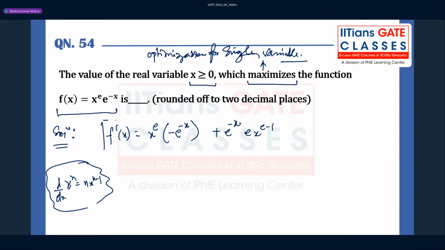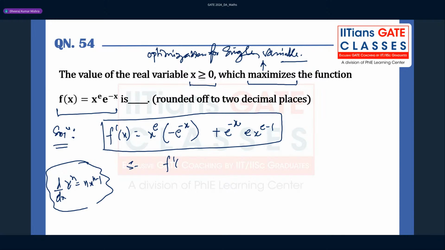The moment you get the first derivative, you can find the critical point. What is the critical point, guys? Set the first derivative, f dash x, equal to 0 in order to find the stationary point. Now we can write this as it is, and let me manipulate further.